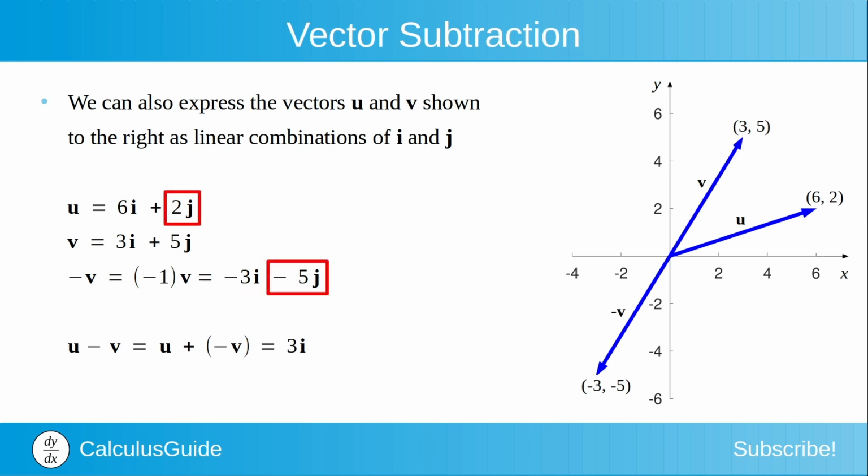And 2j plus minus 5j is equal to minus 3j. So we've calculated that the resultant vector u minus v is equal to 3i minus 3j. This vector is now shown to the right.